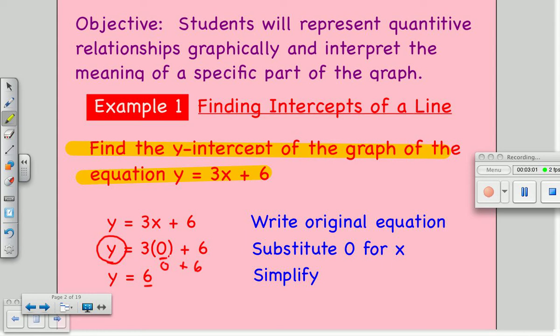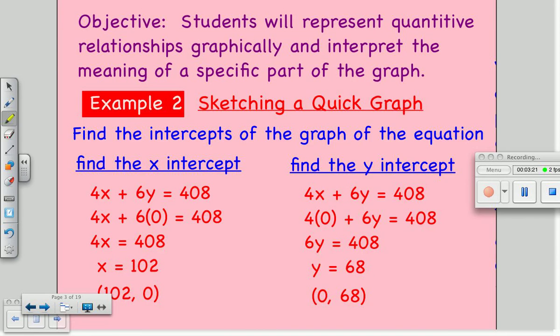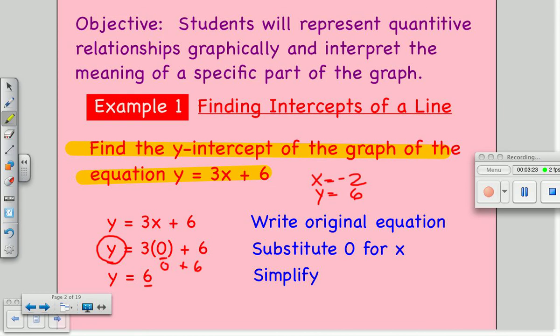So that means the line that you're drawing is going to intercept y at the number 6. So remember, we're intercepting x at negative 2. We're intercepting y at 6. And we'll show you what that looks like. So on a graph, if x is negative 2, I'll just say about right here.